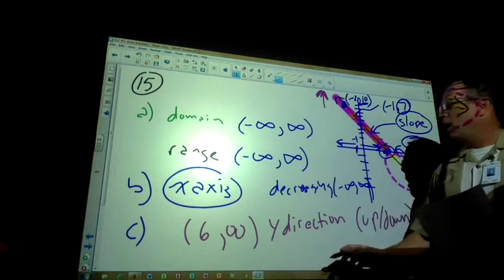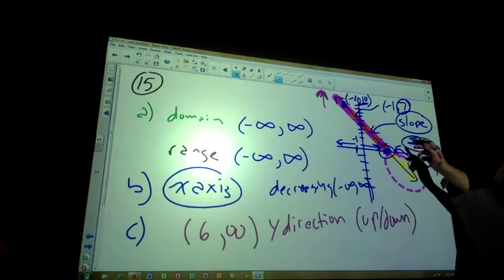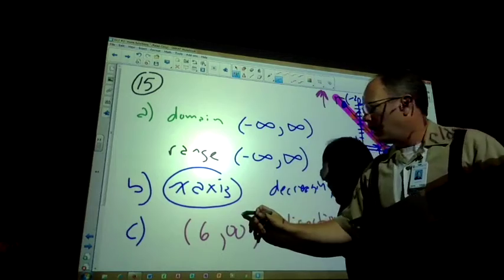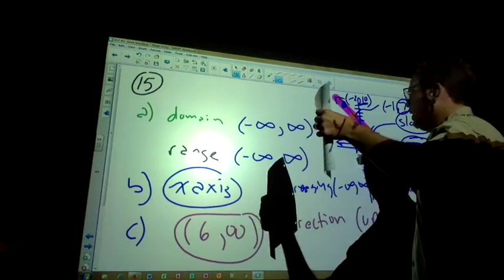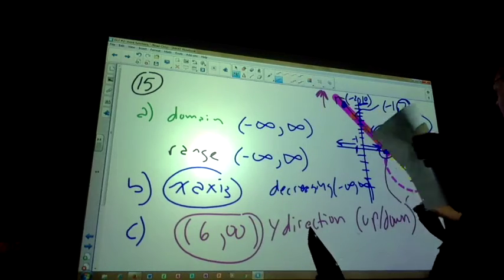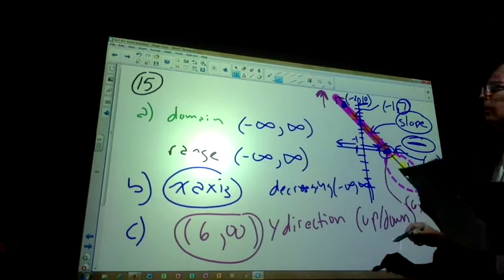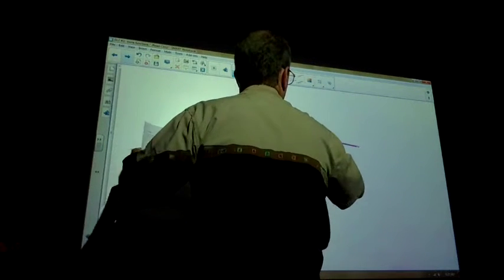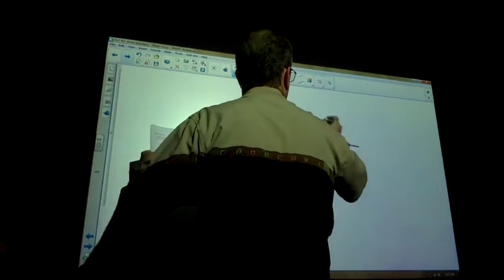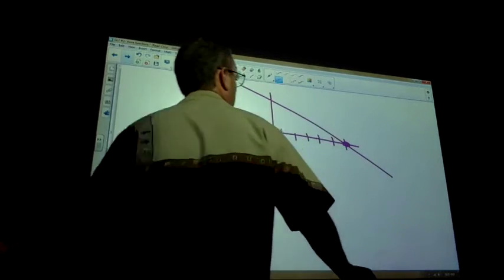Okay? So, from our x-axis, because this is the point, I believe, this is the point 6, 0. Let me draw this a little more clear. We have a point that exists and our graph's doing this, yes?